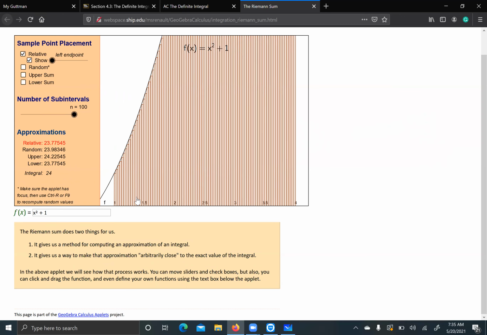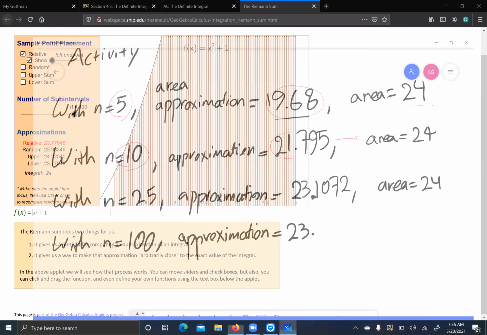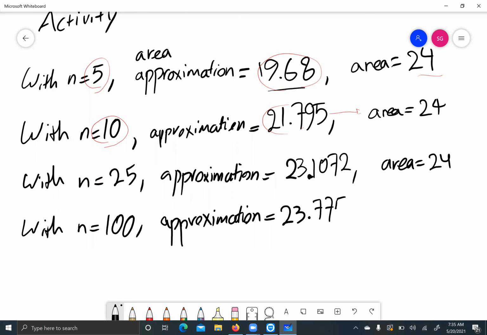And if the software calculates the area of each and adds them all together, it gives me an approximation of 23.77545, which is so far the best approximation of the 24, because look at the trend here.